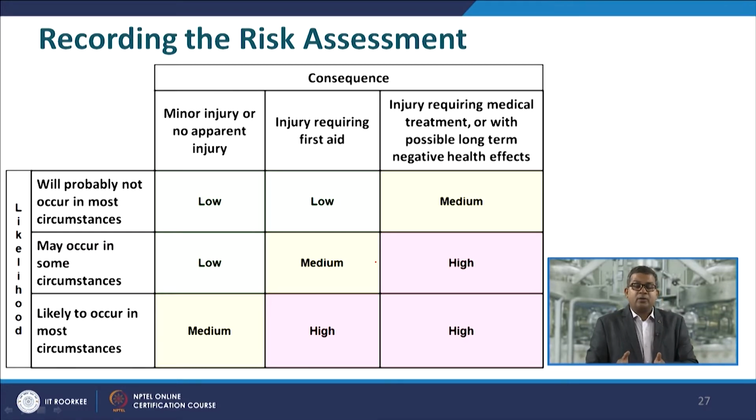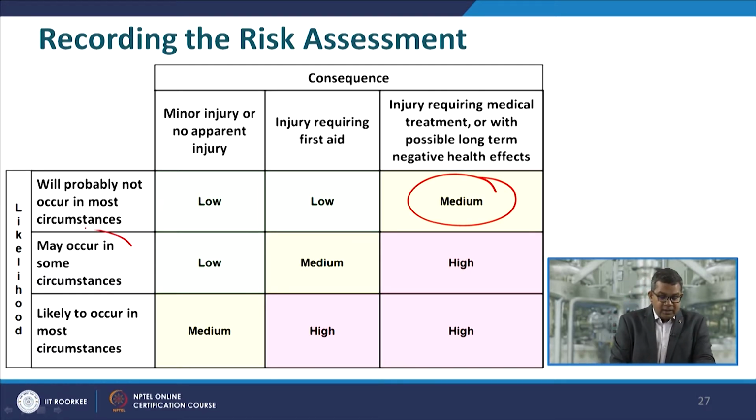In one part you may include the consequences, including minor or not apparent injury, injury requiring first aid, injury requiring medical treatment, or injury with possible long term negative health effects, etc. You may ask about likelihood: will it not occur in most circumstances? If it is low, then definitely, and if it is medium, then you need to pay severe attention.